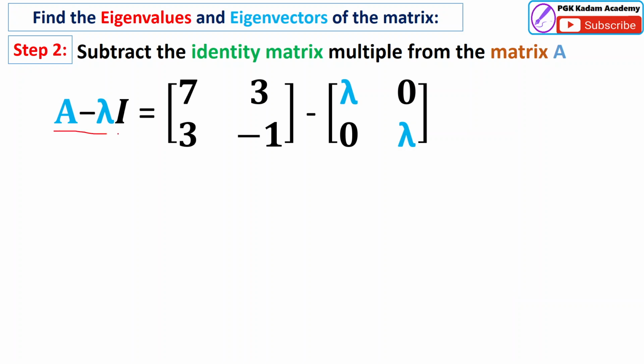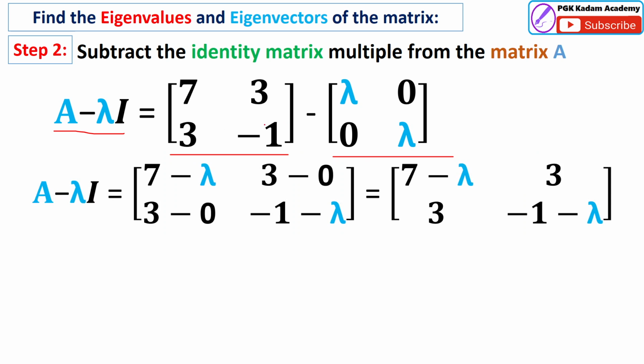We're taking this difference. How do we do the subtraction of these matrices? In matrix subtraction we take the difference of each corresponding term, because the matrices must have the same dimensions.